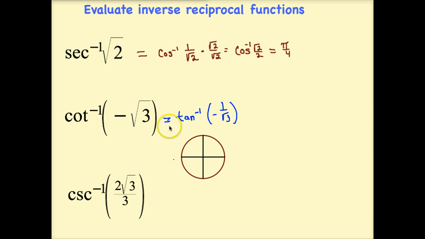For the second example, we would do exactly the same thing. We would switch it to its reciprocal function, and now let's rationalize. When we rationalize, we can recognize that the inverse tangent of negative root 3 over 3 is going to be down here. Remember that tangent has a domain restriction between pi over 2 and negative pi over 2.